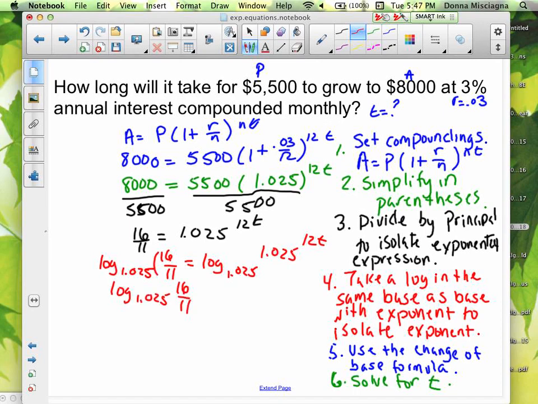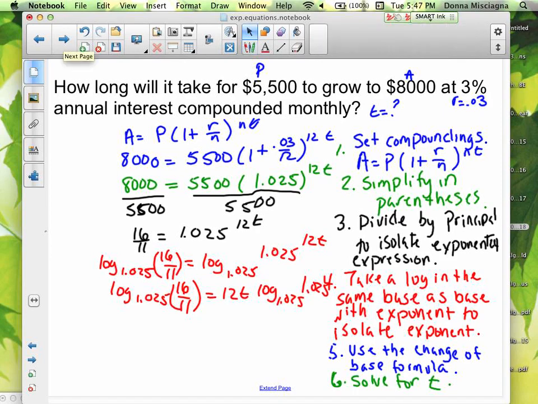I really probably should use parentheses just because of the way it looks, not that it makes any difference. Equals 12t times log base 1.025 of 1.025. I'm writing in my steps there. All right, and so log base 1.025 of 1.025, well, that's just 1. So our whole expression over there is just 12t.